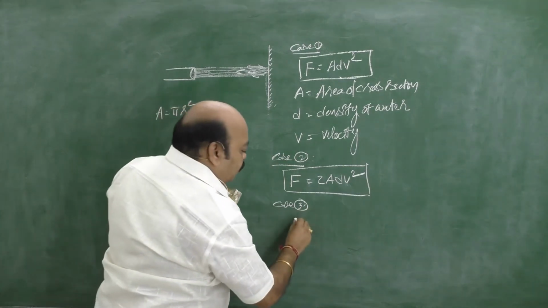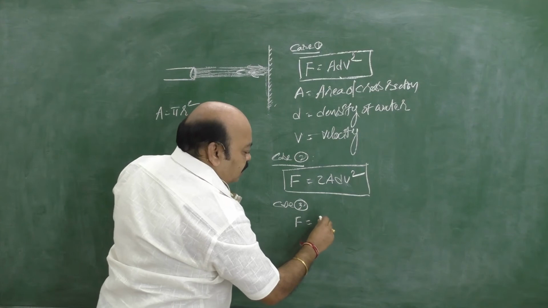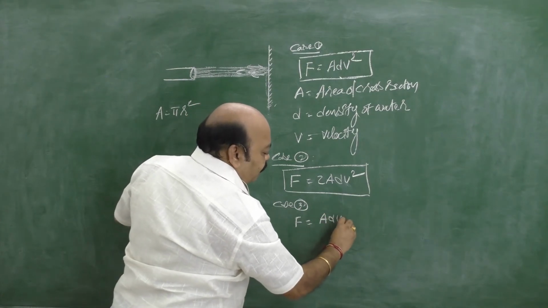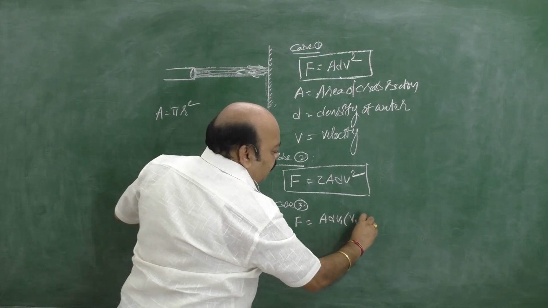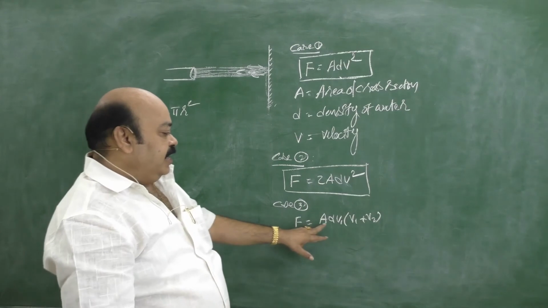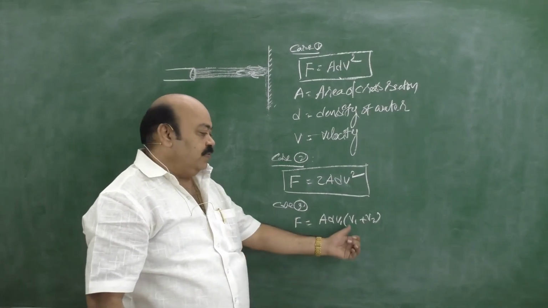In this case, the force exerted by the jet on the wall is given by F is equal to AdV1 into (V1 plus V2).